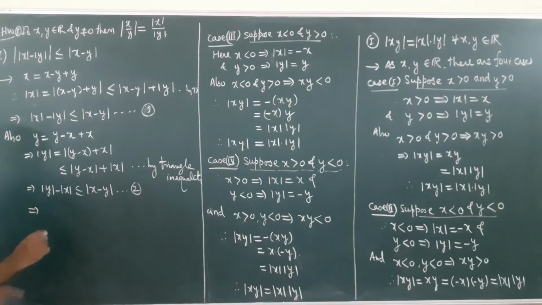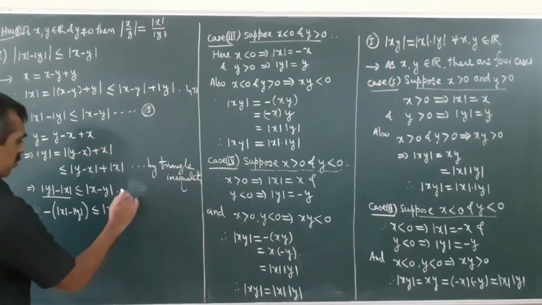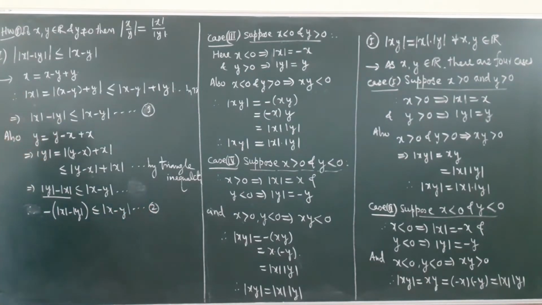So this implies, now I will take minus sign common here. Therefore minus of mod x minus mod y is less than or equal to mod of x minus y. I call this number 2. Now just observe 1 and 2. What is 1?